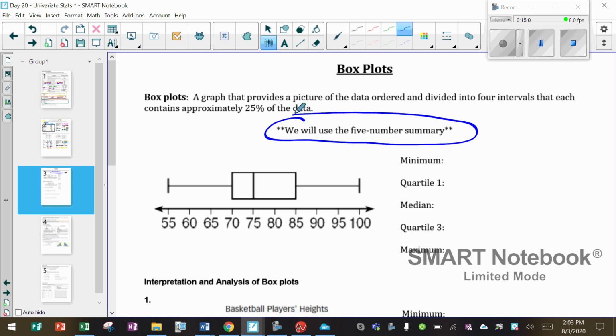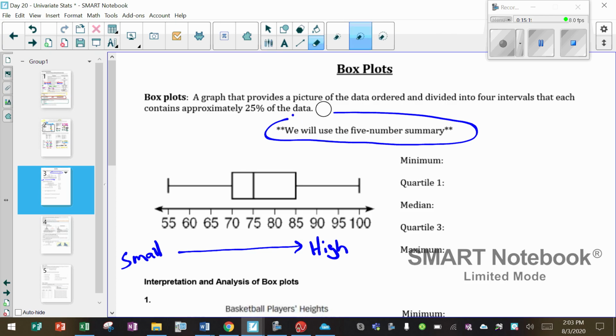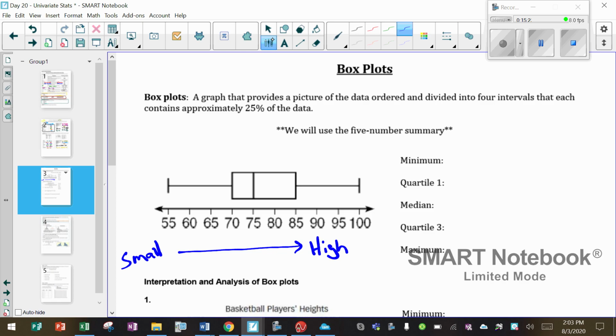So the numbers go in order from left to right. Always go small values to high values, low to high. And then each time there is a score, one of your numbers from your 5-number summary, there is a vertical line on the box plot.